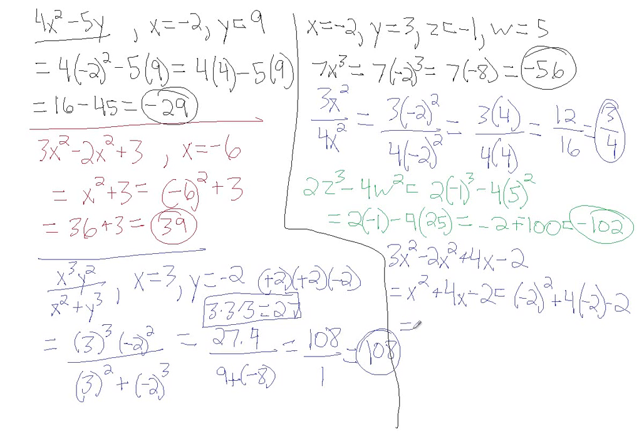Lots of minus 2's. So let's be sure we put our parentheses around our substitutions so we don't miss anything. Minus 2 squared is a positive 4, plus 4 times a minus 2 is a minus 8. Then we have our minus 2.